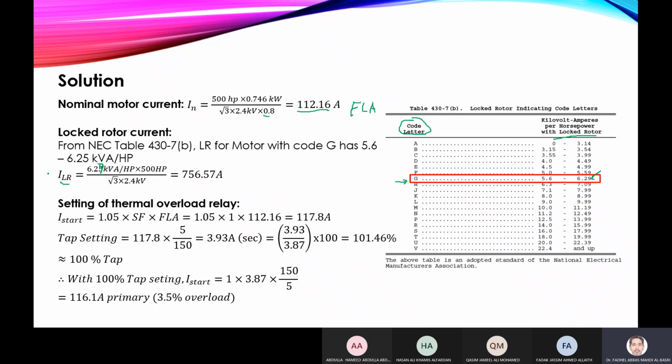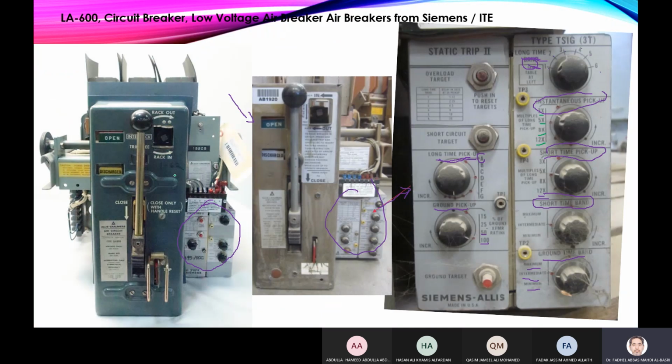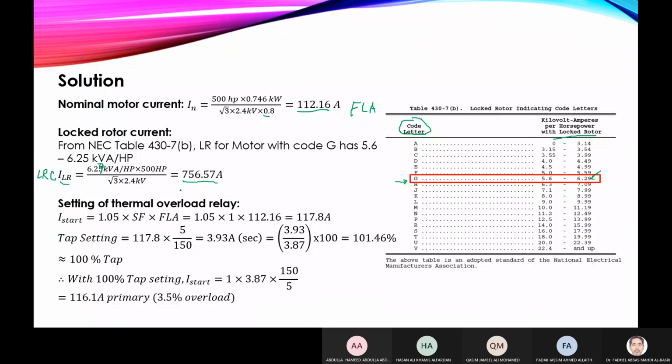This is the locked rotor current. Also, you can abbreviate it like this, I locked rotor. Some motors will give you this information directly on the nameplate, so you don't have to calculate it this way. So I got the locked rotor current.